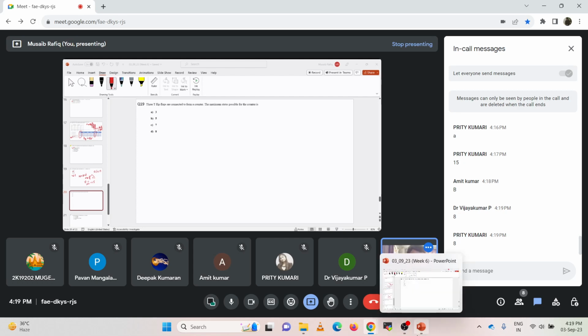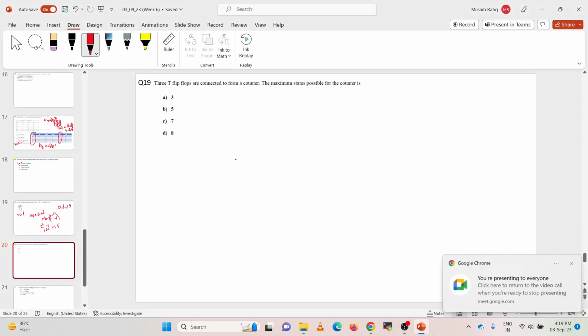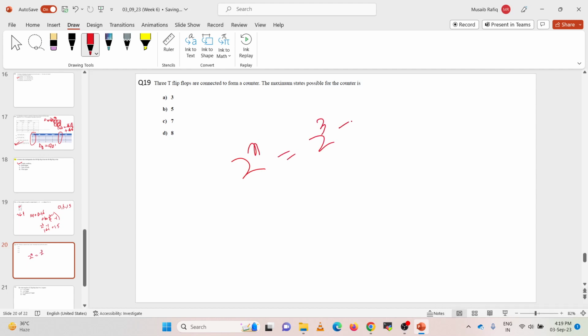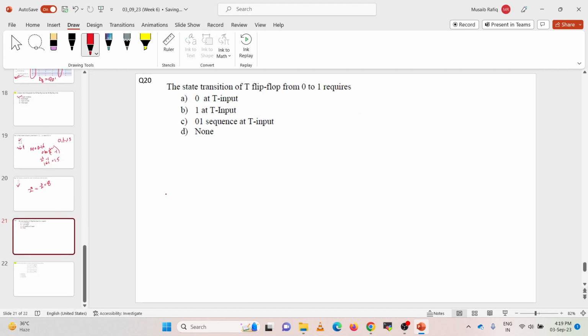Yes, it will be 8. So how? 2 raised to power n, that is 2 raised to power 3, that is 8. Option D.